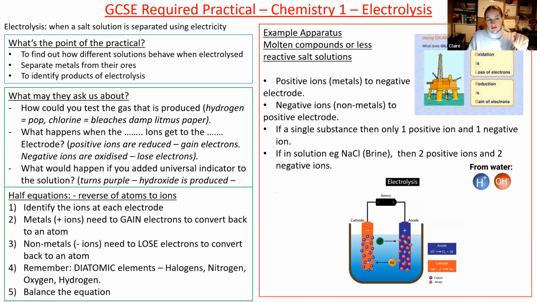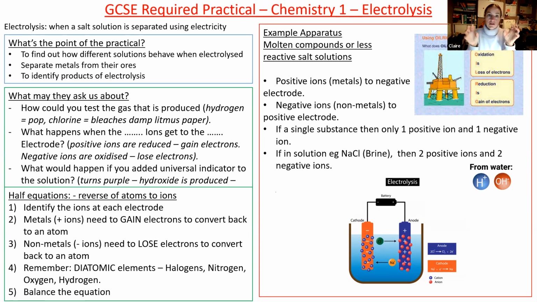In electrolysis, it's the reverse. You have these charged elements, for example, sodium and chlorine. And you're creating a current because they are ions with positive and negative charge. So the negative will always be attracted to the positive, and the positive ion will always be attracted to the negative.